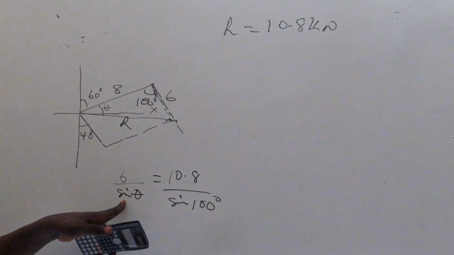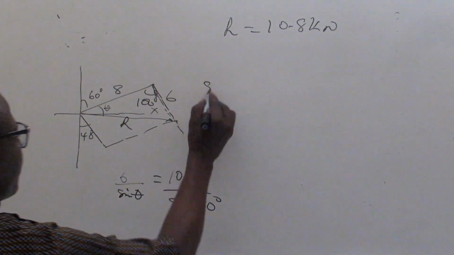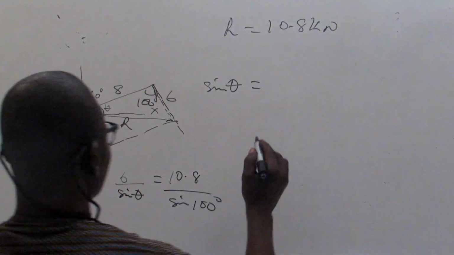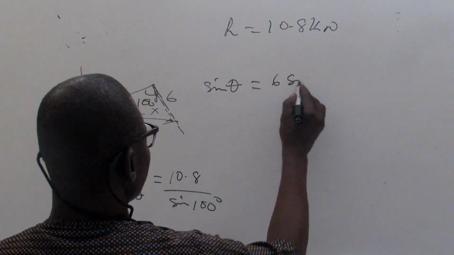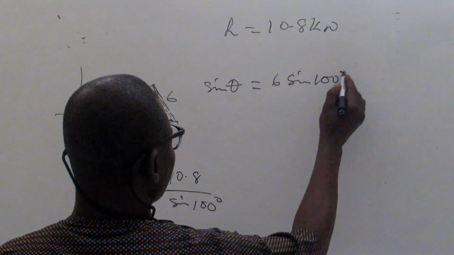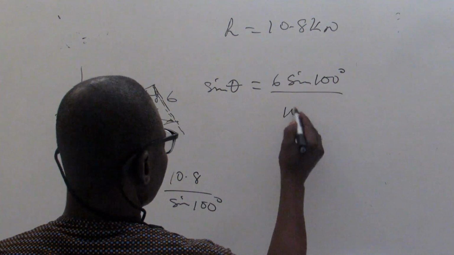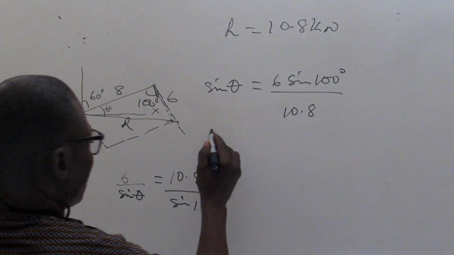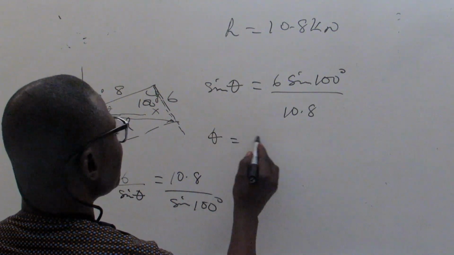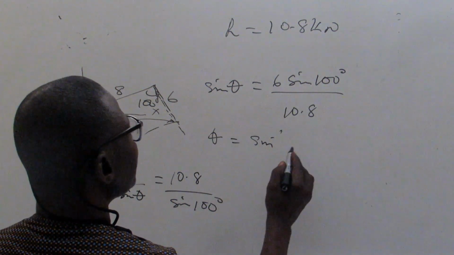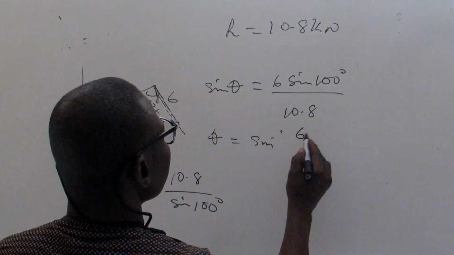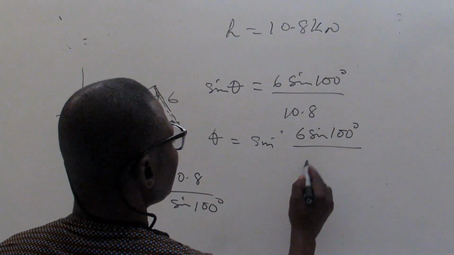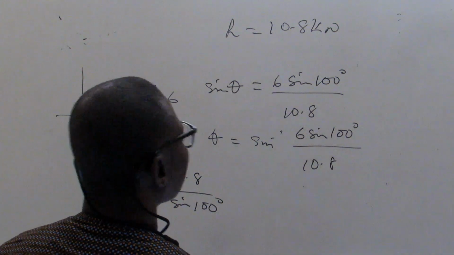So we are looking for sine theta. And we have that sine theta is equal to 6 sine 100 degrees all over 10.8. And then our theta alone is equal to the sine inverse of 6 sine 100 degrees on 10.8.